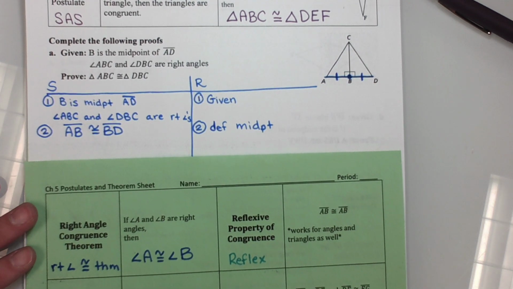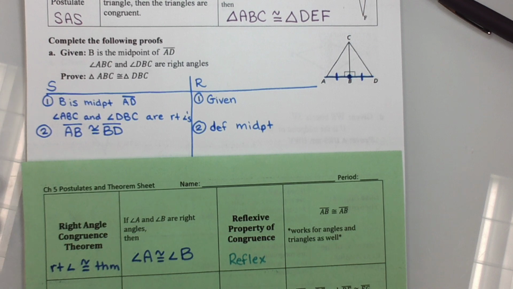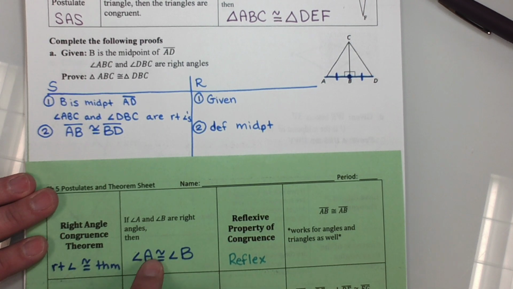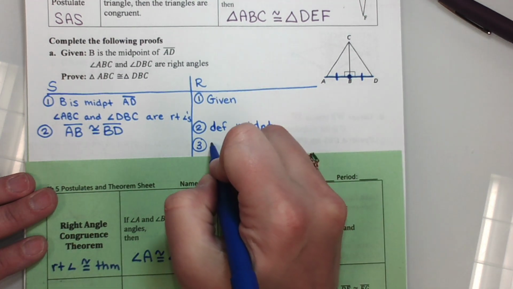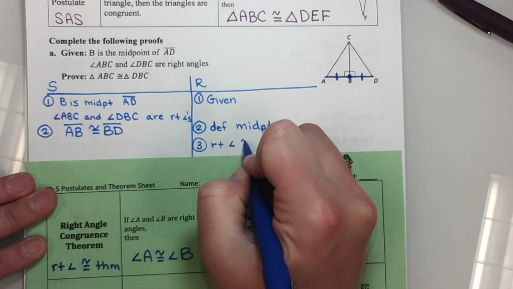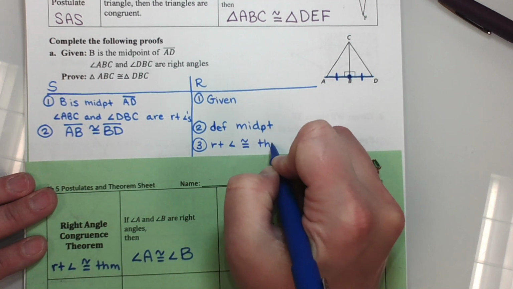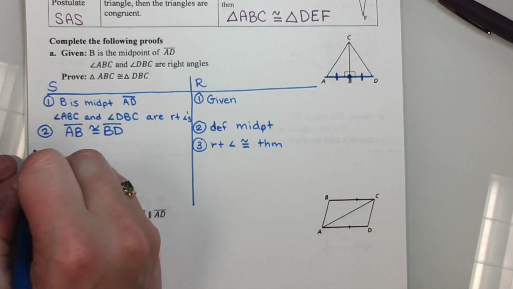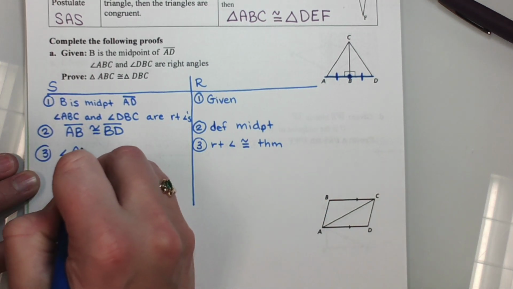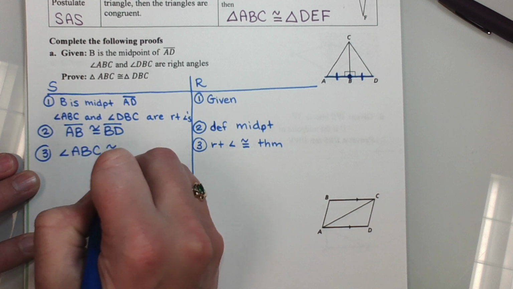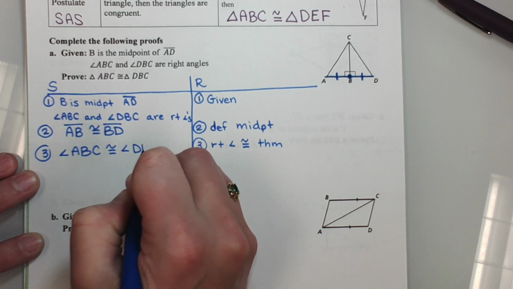So in this proof, I'm told that angle ABC and angle DBC are right angles. I see the words right angles, so I'm thinking I'm going to use this and say therefore congruent. Angle ABC is congruent to angle DBC.